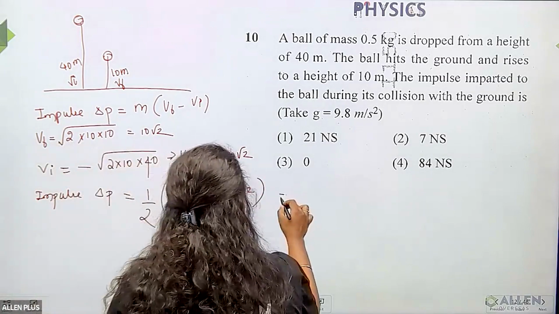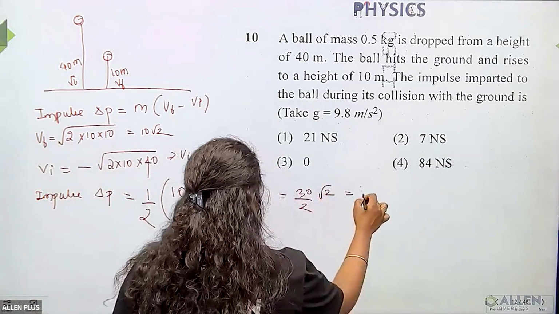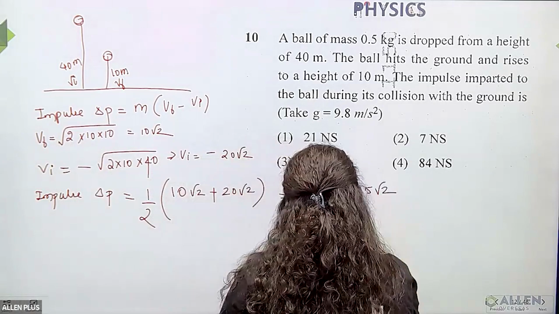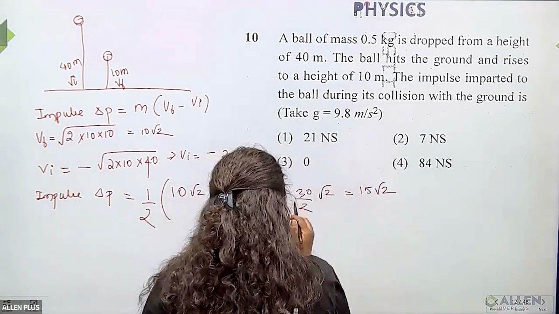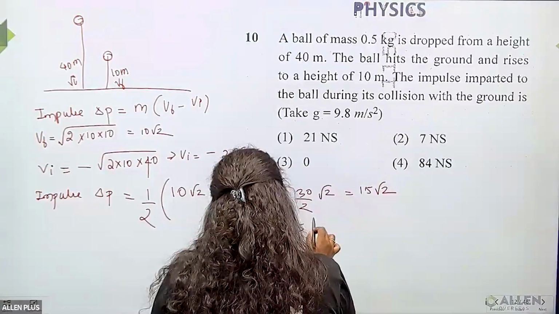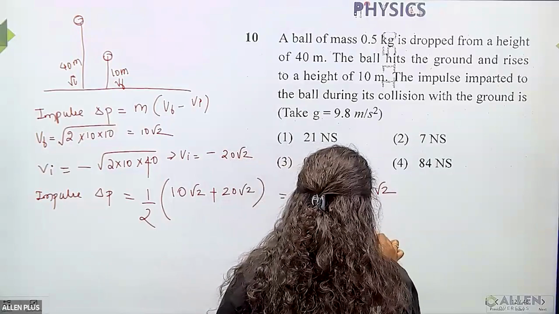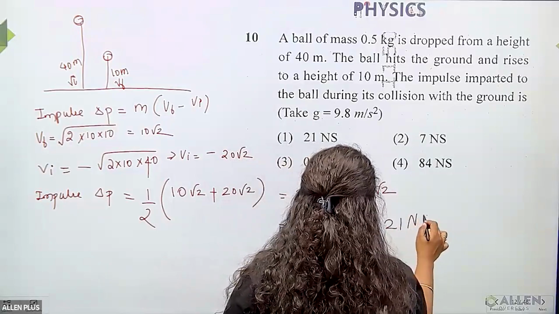This is equal to 30 by 2 root 2, which is equal to 15 root 2. 15 root 2 is not there in the options, so you have to put the value for root 2. So 15 into 1.4, it will be nearly equal to 21.